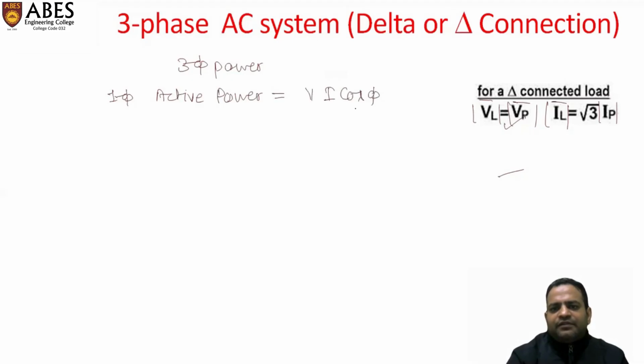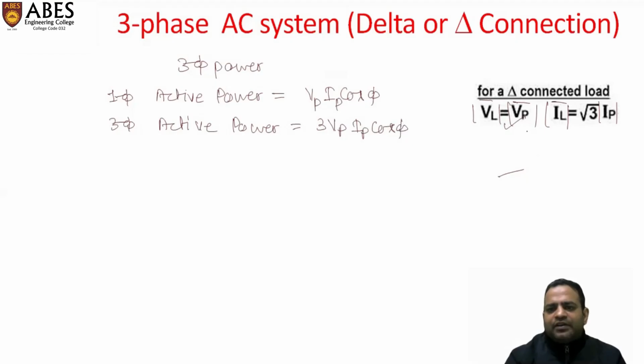If three phases are identical, then what will be the three-phase active power? Thrice of Vp Ip cos phi.